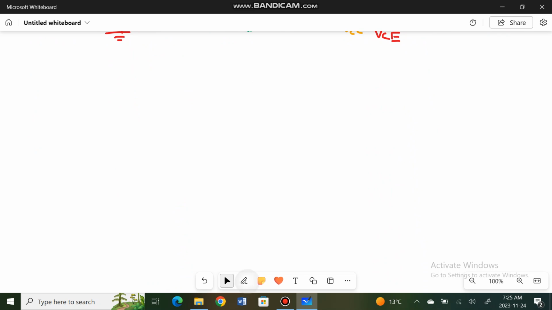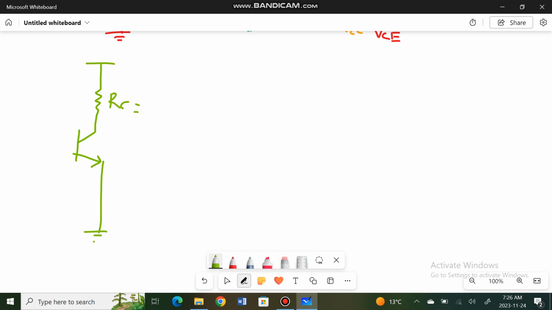So assume that you are given the information like RC is equal to 1 kilo ohm while VCC is equal to 10 volts, and Vin, which is basically the input voltage. When Vin is equal to 0 volt, then what will happen?